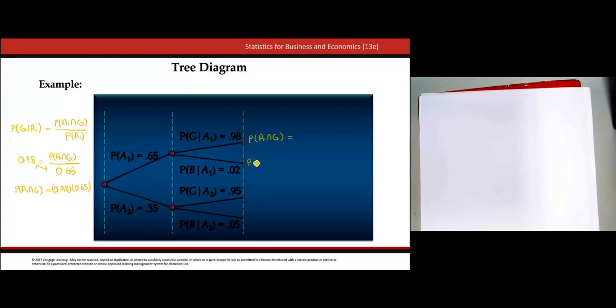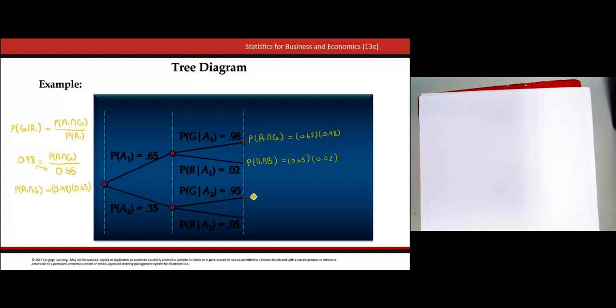And the same thing, probability of A1 intersect B, which is the part is bad and comes from supplier 1. Now you multiply probability of A1 times probability of B given A1.